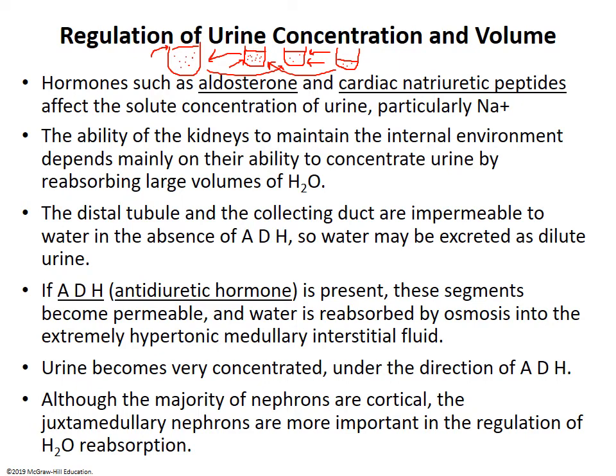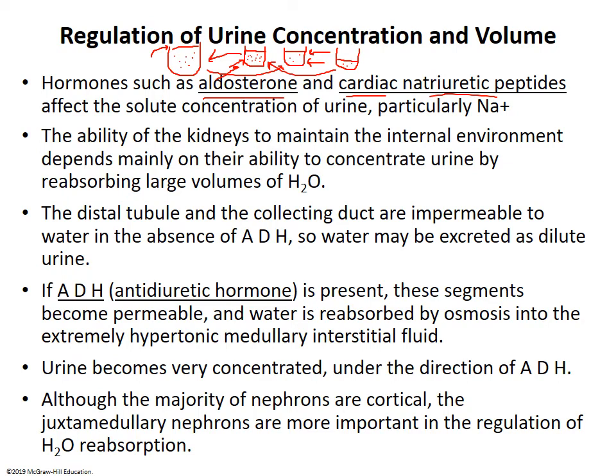Now, hormones such as aldosterone and the cardiac natriuretic peptides, we talked about that. The main one really is atrial natriuretic peptide. These two are opposite each other. Aldosterone is going to conserve water, which means I'm going to make more concentrated urine. Natriuretic peptides from the heart are going to try to get rid of water.